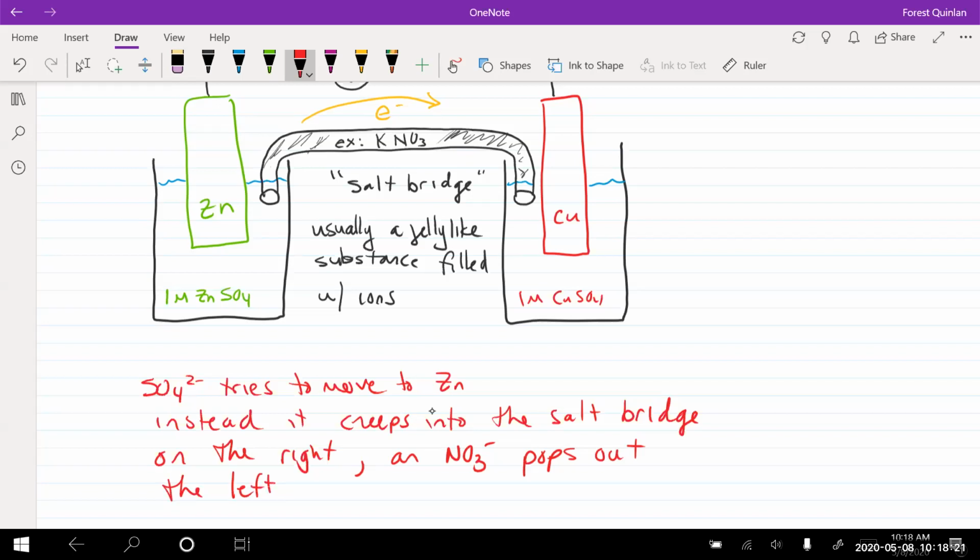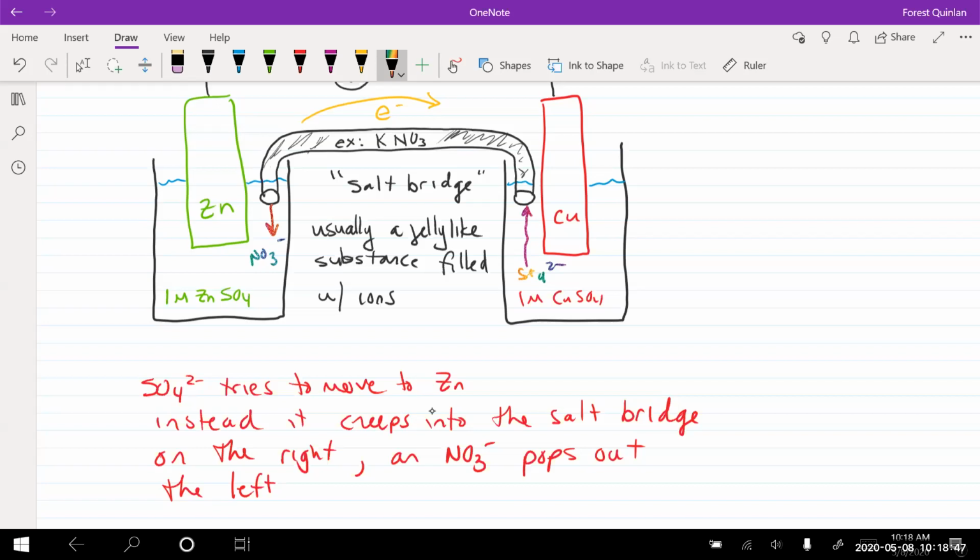Think of shoving in BBs, right? You have a sulfate trying to get in here. So let's say that sulfate is trying to come in here. Out the other side, instead of that, you're going to see some nitrates pop out to continue that charge, that current. And so, like I said, in this case, it doesn't matter because they're both sulfates on both sides.